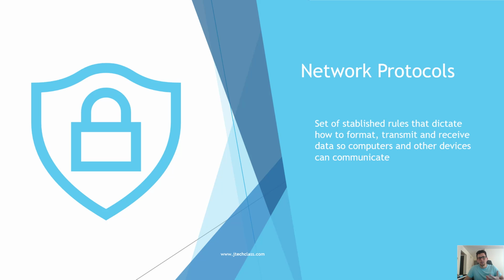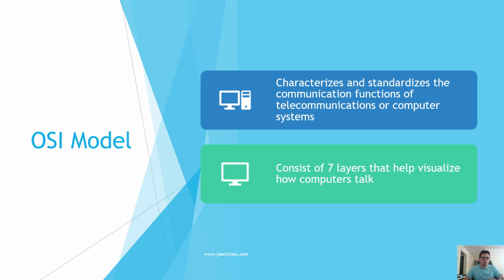There are many protocols out there. Basically, there is a model that defines all the protocols, and this model is called Open Systems Interconnection, or OSI for short. So what is the OSI? Well, the OSI characterizes and standardizes the communication functions of telecommunications or computer systems. What does this mean?